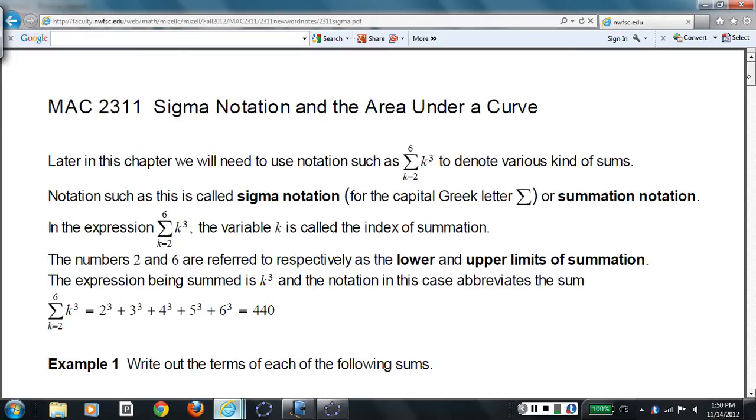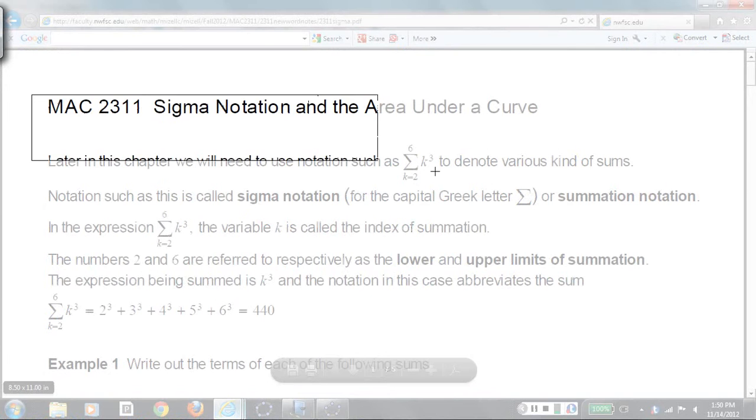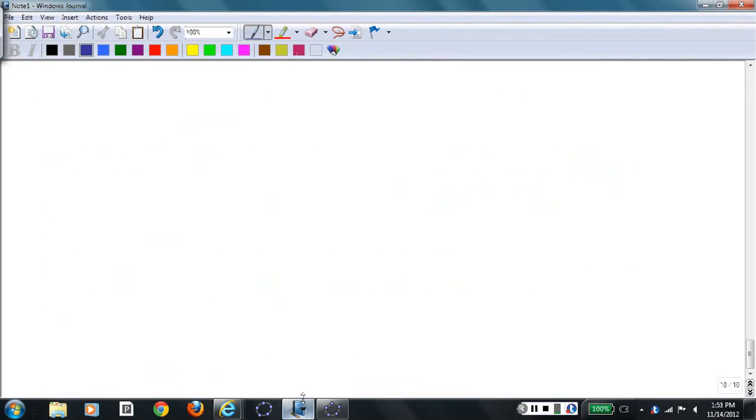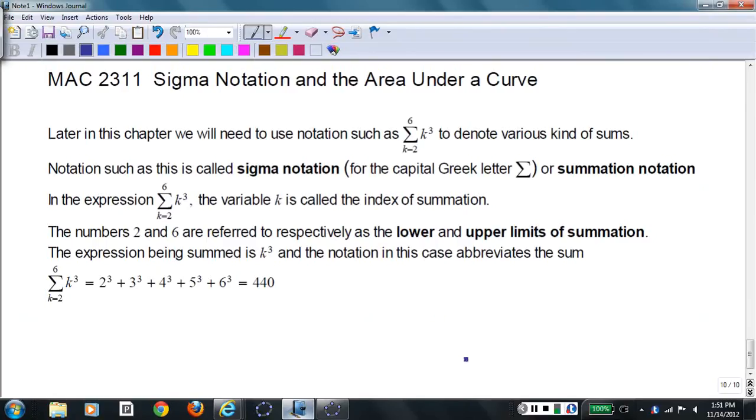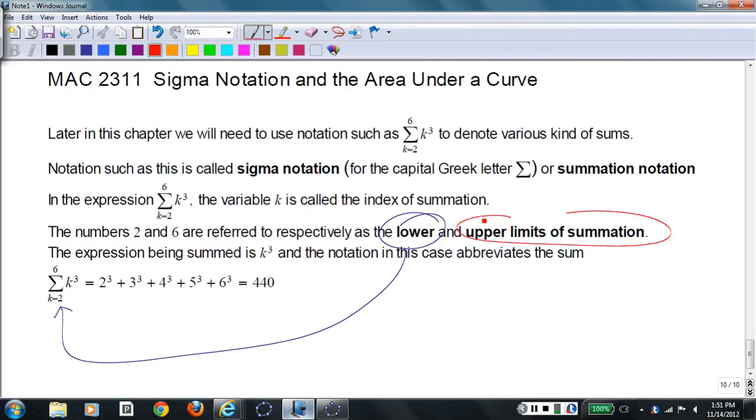But let's see if we remember this from pre-calculus. The expression sigma of k cubed from k equals 2 to 6 has various features, and if I can copy and paste this, I can point to them as I describe them. There is the lower limit of summation, which is 2. The upper limit of summation, which is 6.